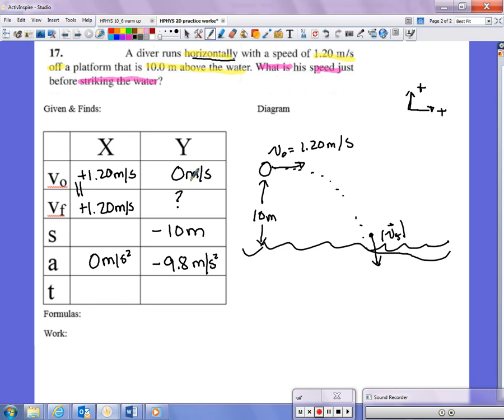So I take a look in y. I have no question marks in x, I have one question mark in y, and then I ask myself, do I have 3 of the 4 variables that I need in this frame of reference in order to find the question mark? And I do. I have v naught, I have s, and I have a, so that means I do not need time in either direction, and I don't need s either in the x direction.